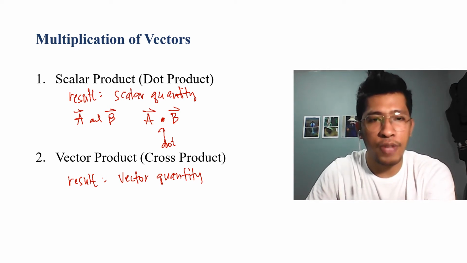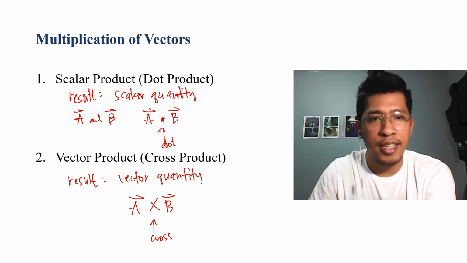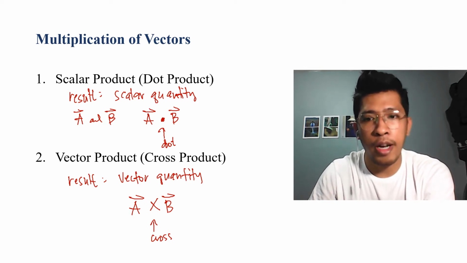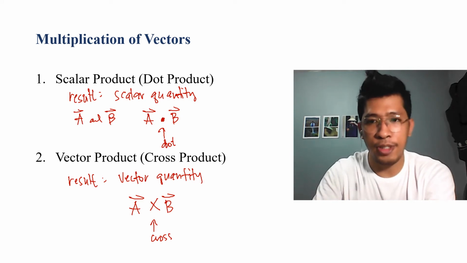Suppose you have your two vectors A and B. You write it like this: your vector A cross your vector B. So you have here your cross multiplication symbol. Again, your scalar product or dot product has a scalar quantity for the result, and your vector product or cross product has a vector quantity for the result.